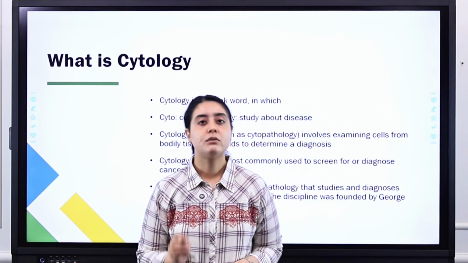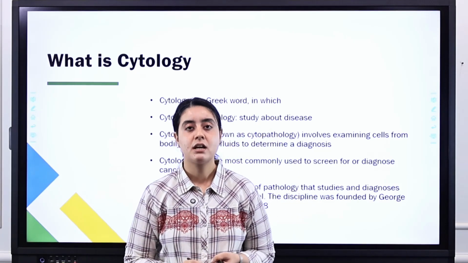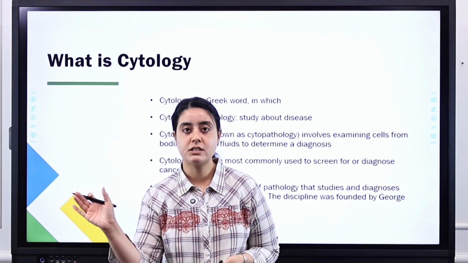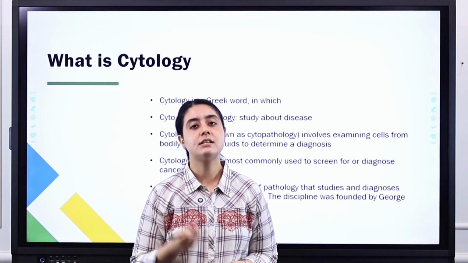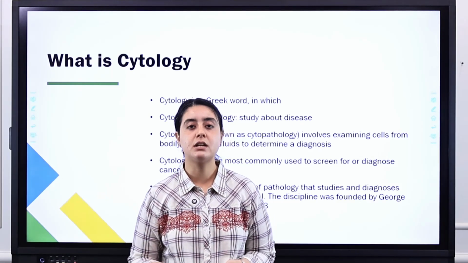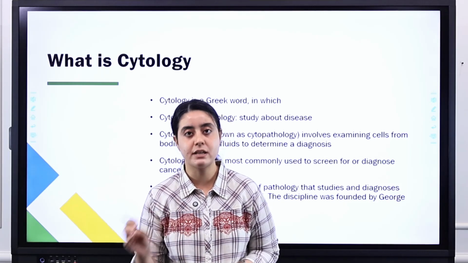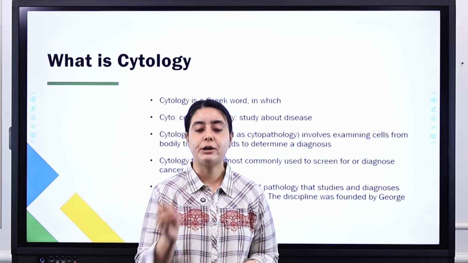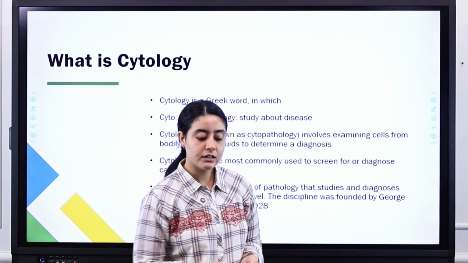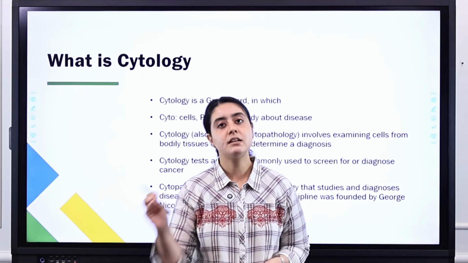First you have to know what is cytology. As we have also discussed in our previous lectures, there is a main subject, pathology, and it has different branches. So today we are discussing cytology or cytopathology. Cytology is the study of cells, and when we add pathology with it, it becomes cytopathology. So now we are studying diseases in the cells.